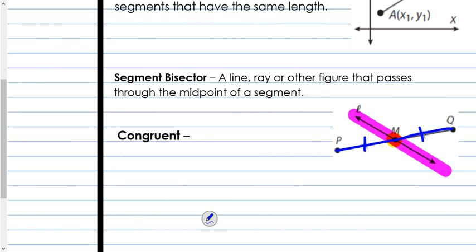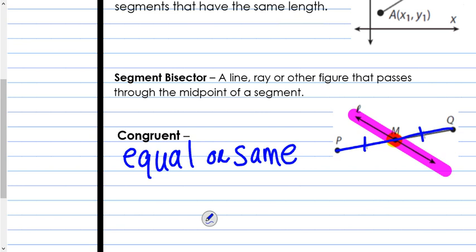And that leads us to our next word. Congruent means equal or same. When two things are congruent, they are the same, or they are equal to each other. The symbol for congruent is an equal sign with a little tilde over it. So M is the midpoint, and it cut PQ into two equal pieces.